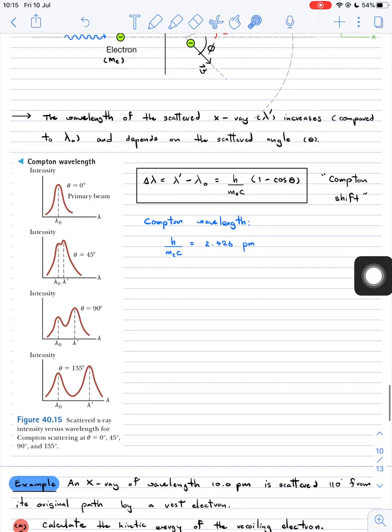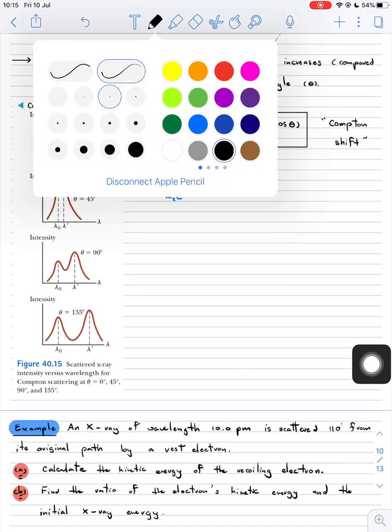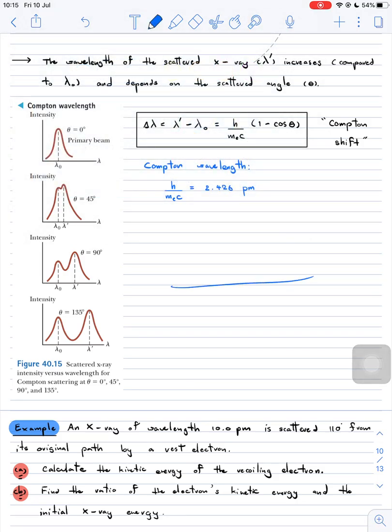This idea is just the same as when you have an interface, maybe between the air and the glass. If you shine visible light with the wavelength lambda naught, we know that some of it must be scattered into this direction.